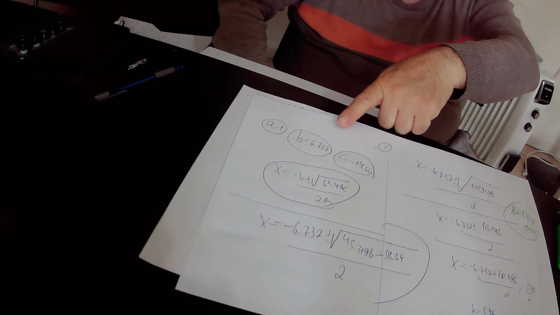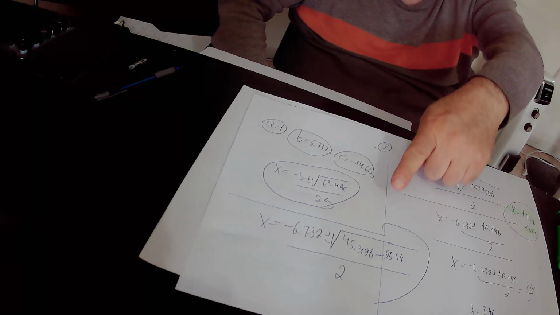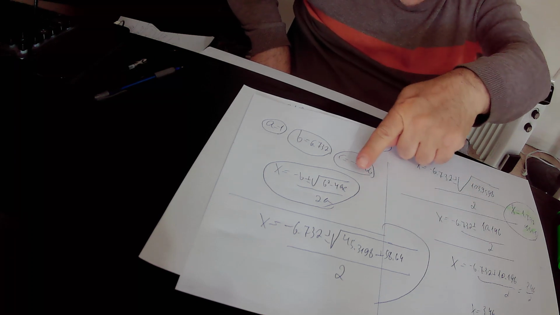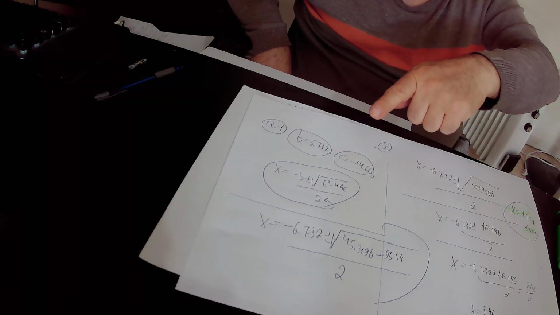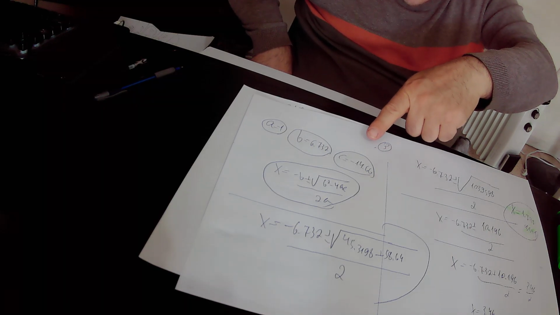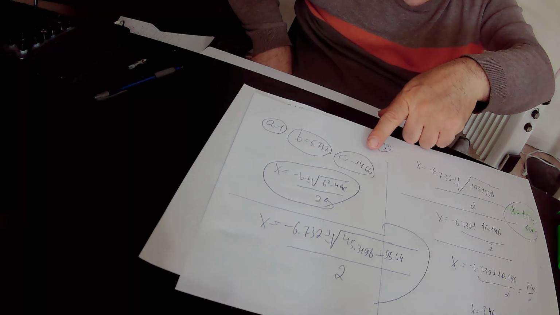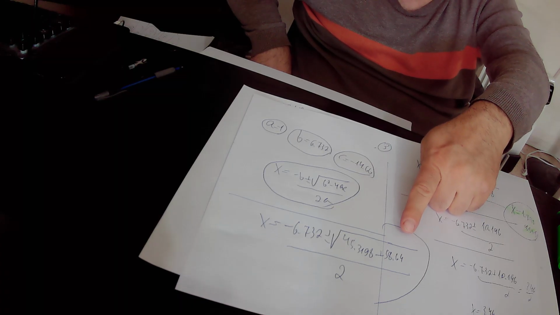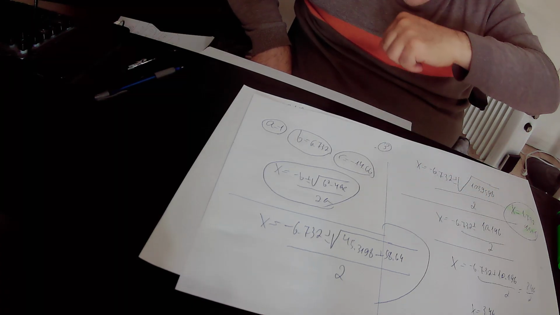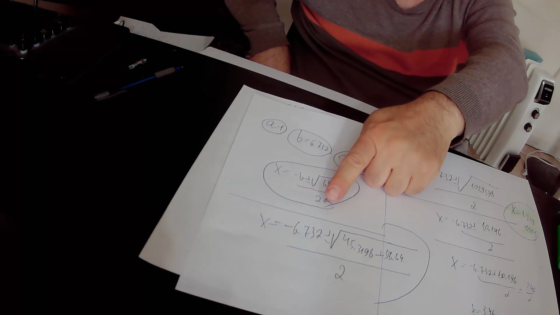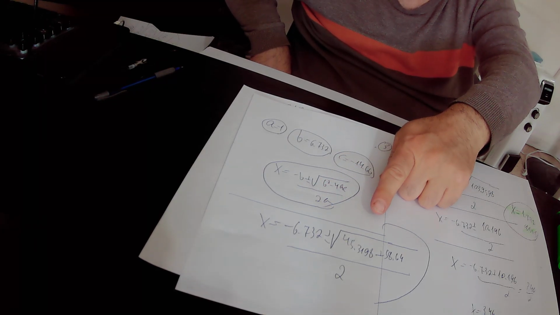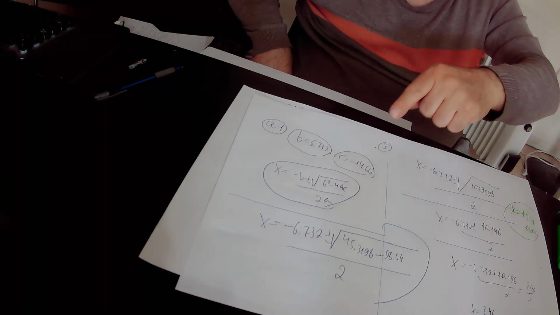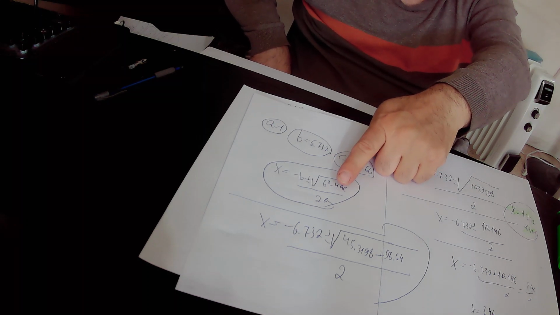B squared is 6.732 squared, that is 45.3198, minus 4 times a times c. A is 1, so minus 4 times 1 times c, that is minus 4 times minus 14.66, which is plus 58.64. So x equals minus 6.732 plus or minus the square root of 45.3198 plus 58.64, divided by 2a. A is 1, so 2a is 2 times 1, that is 2.